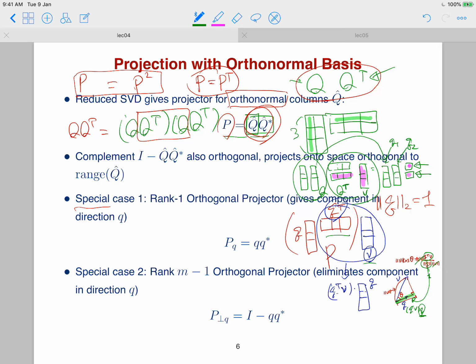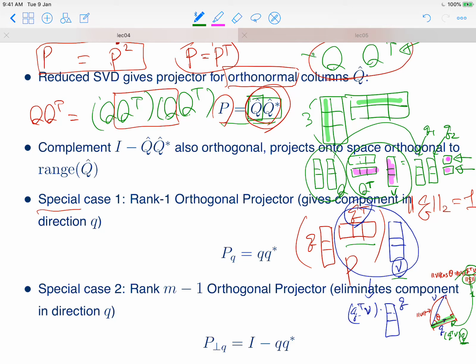Okay, so from the perspective of several interesting characteristics that we studied in this chapter about this projection part. Given this QQ transpose, and then this I minus P, which is I minus QQ transpose, this guy is also a projection, and that is also the orthogonal projection.